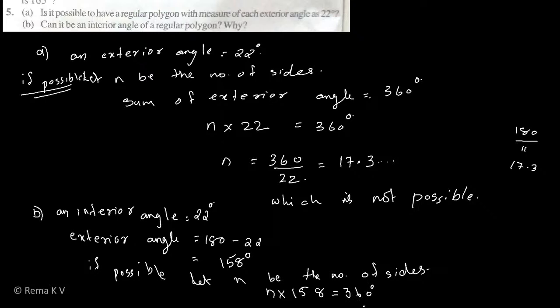Sum of exterior angles is 360, which implies n is equal to 360 by 158. You will not get a natural number here. So this is not possible. The value of n here again is not a natural number. So it is not possible.